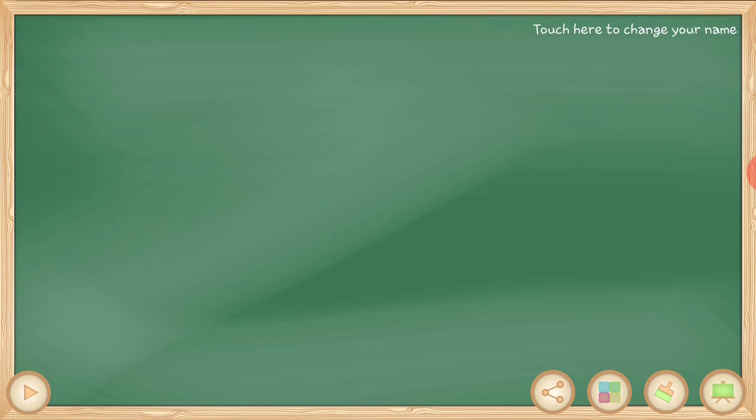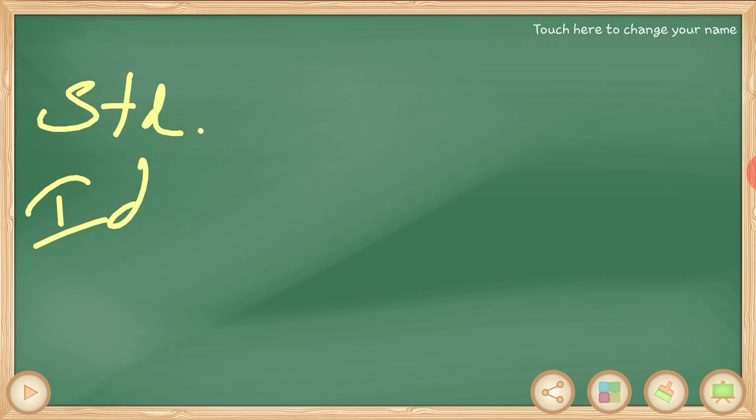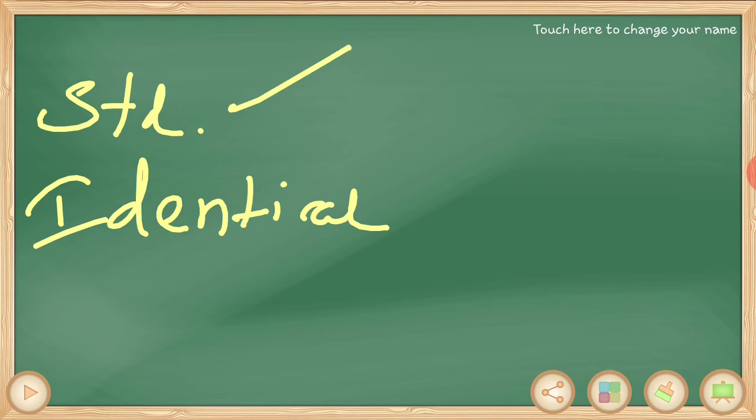Units of consumption must and should be standard units, and the second one, they must be identical. What does it mean? It means nothing but the same. Whatever we consumed, the units are neither too big nor too small, it means standard.